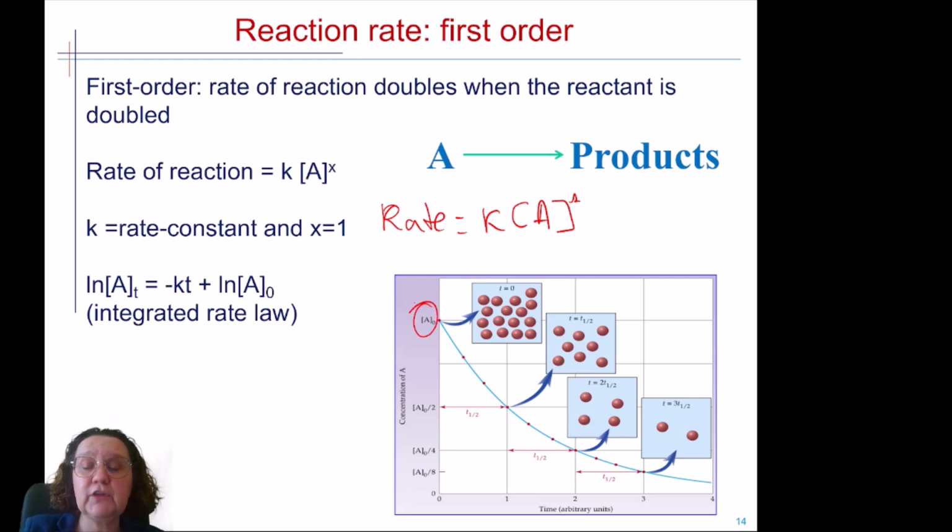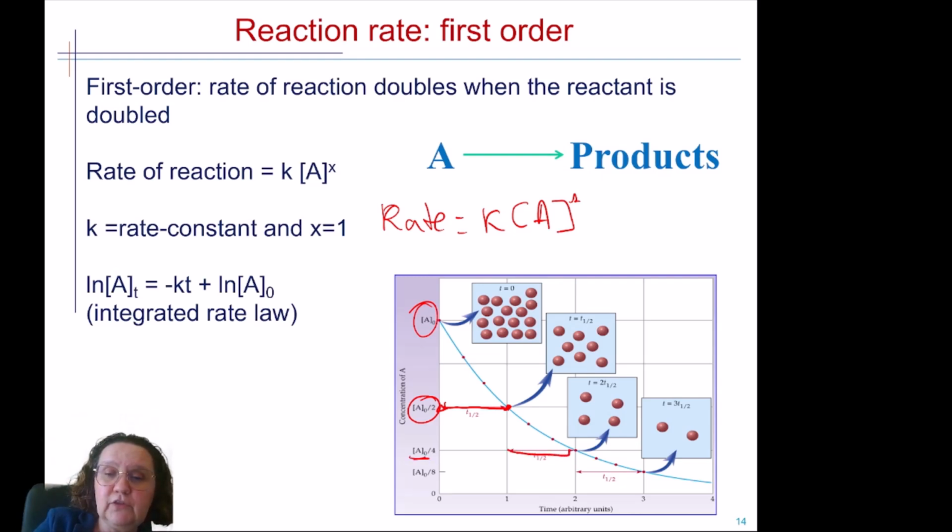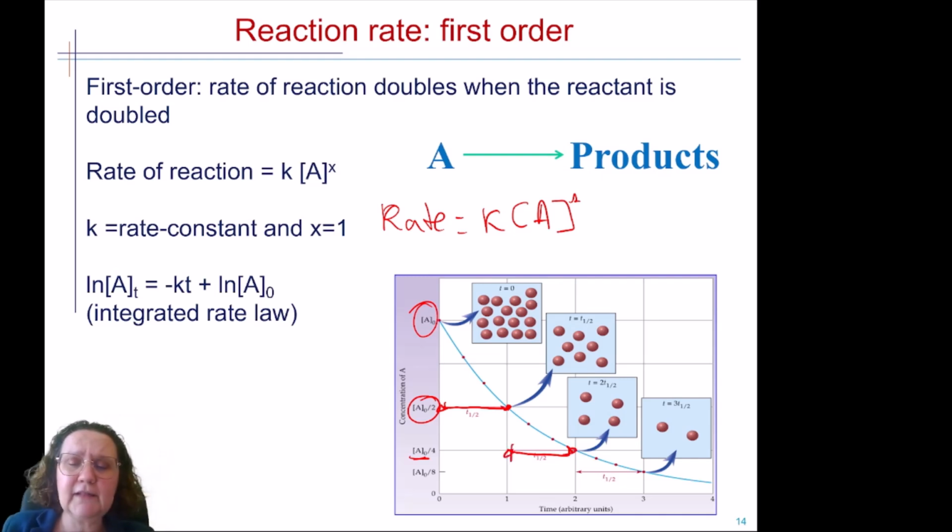So you start with a particular concentration, A sub 0, and this is how long it takes for that amount of reagent to halve. And then if you start from here, how long is it going to take for that amount of reagent to halve again?